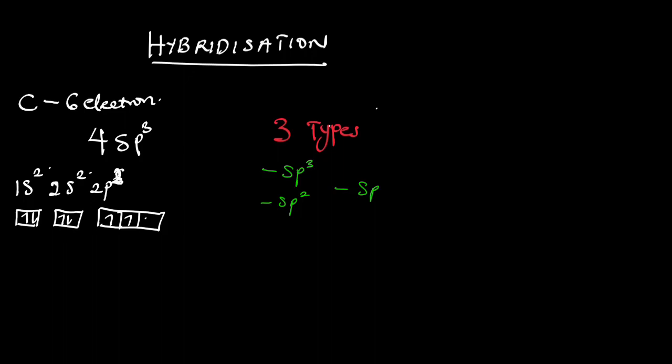There will always be promotion of an electron from 2s to the 2p orbitals. It always happens. It's not something that happens one time and doesn't happen another time, right? Okay, so let's promote it. So it becomes something like this.